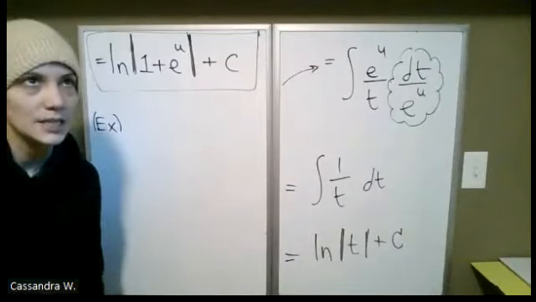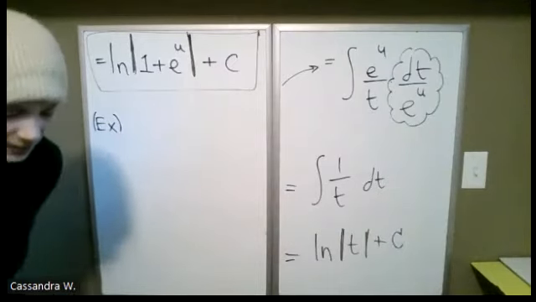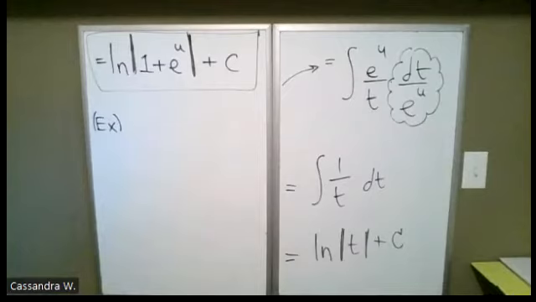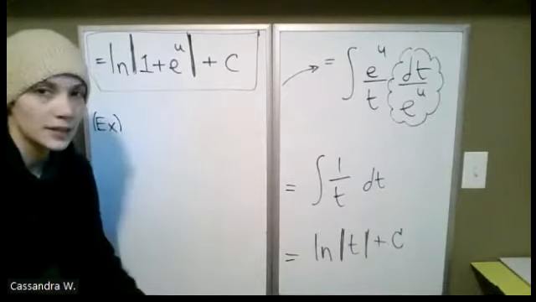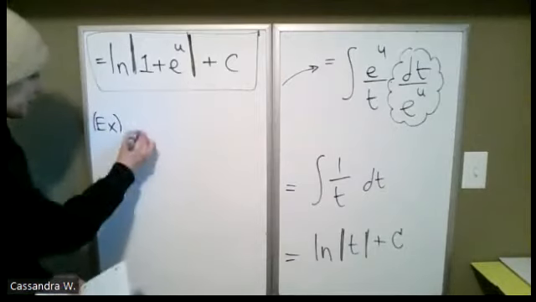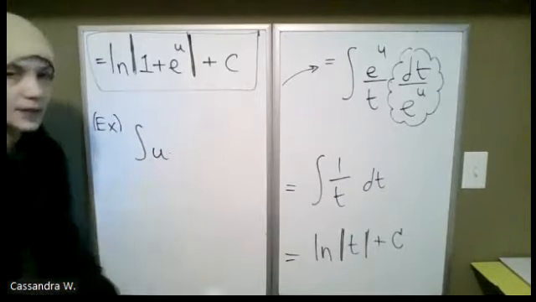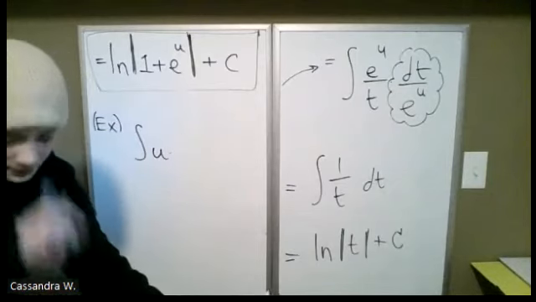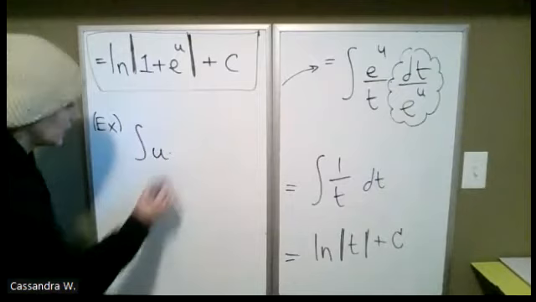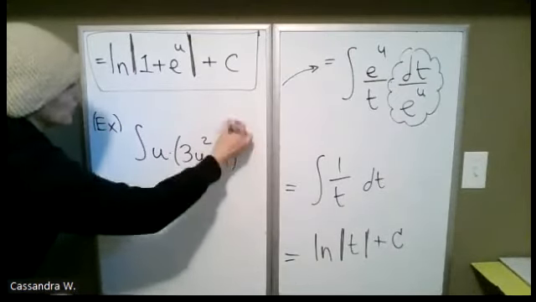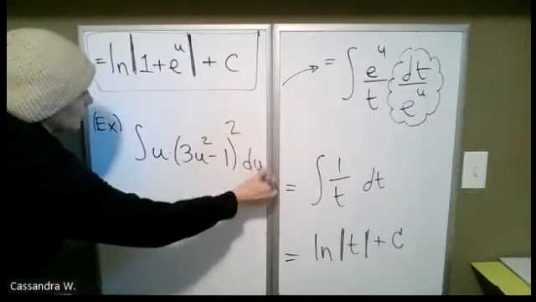Okay, so let's see. You're going to use some other kind of letter for your substitution, something other than u, because we're going to do an integral of u times 3u squared minus 1, squared, du.